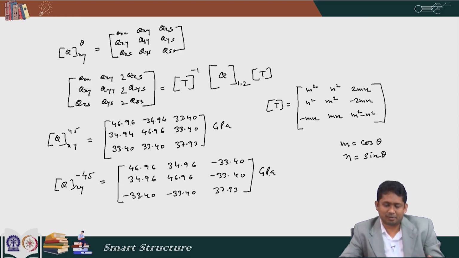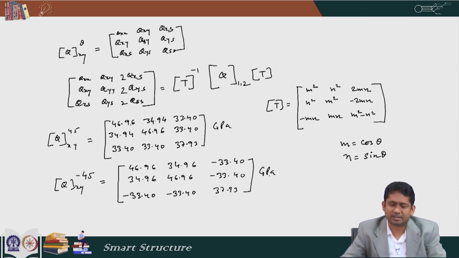So, these are the values of the Q matrix that we get for different fiber orientations. Now, let us see if we make a laminate using these plies with different fiber orientations, how the laminate properties look like, how the ABD matrix looks like.